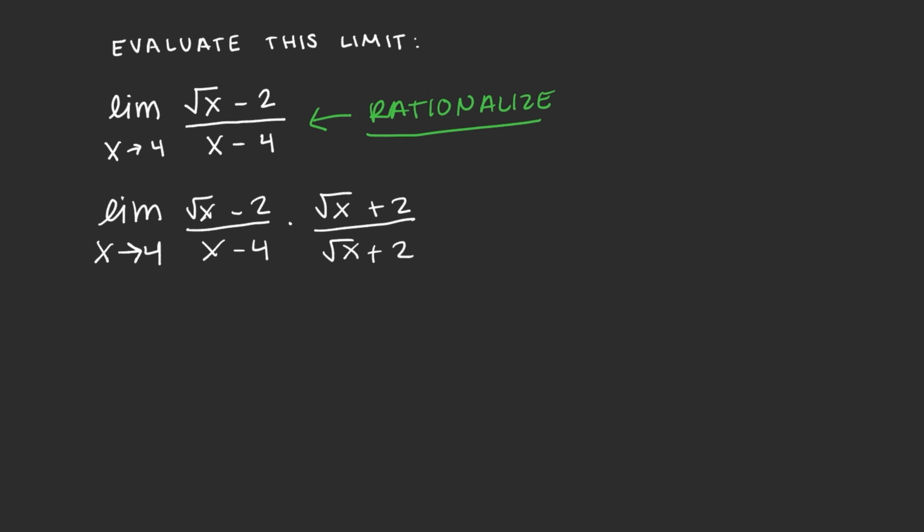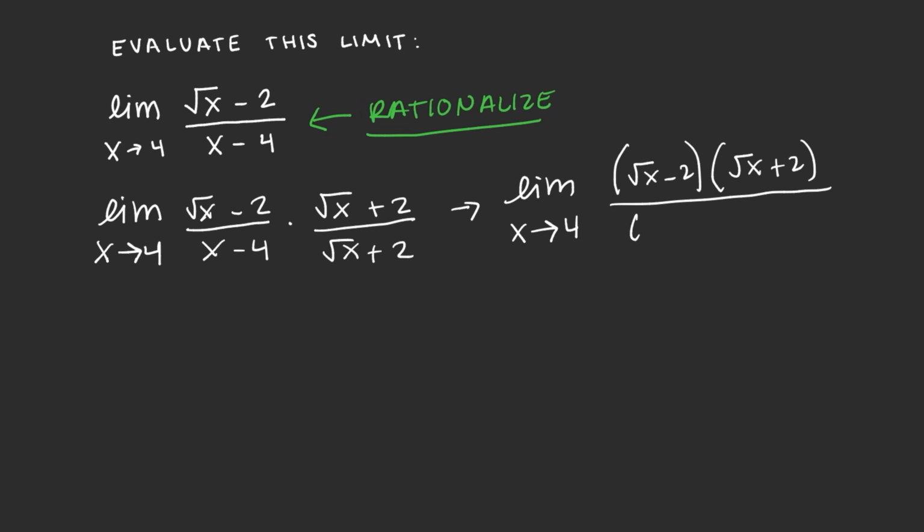And that will look like this. The limit as x approaches 4, the square root of x minus 2 times the square root of x plus 2 over x minus 4 times the square root of x plus 2.